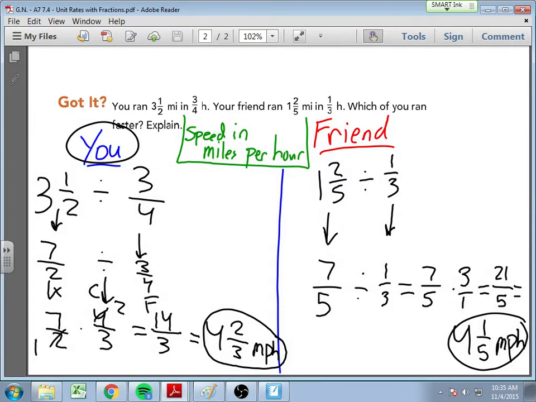And then for your friend, 1 2/5 makes 7/5 divided by 1/3, which equals 7/5 times 3 over 1, which is 21 over 5, which in a mixed fraction is 4 and 1/5, and that means you ran faster because 4 and 2/3 is bigger.